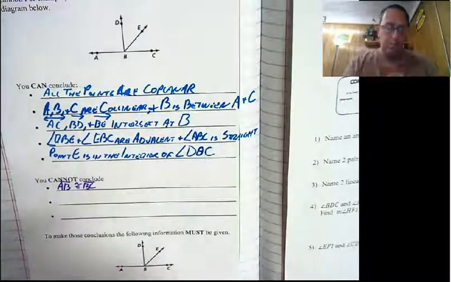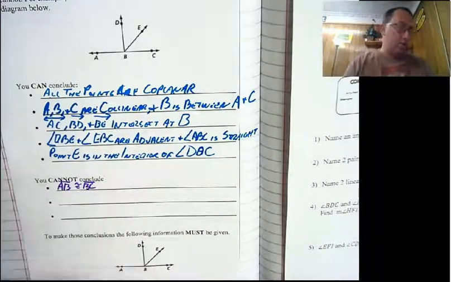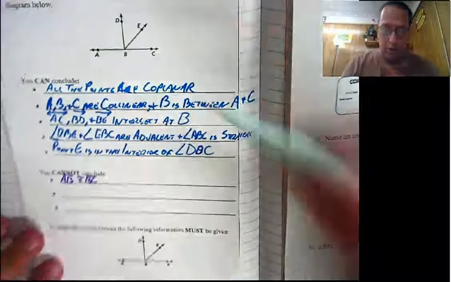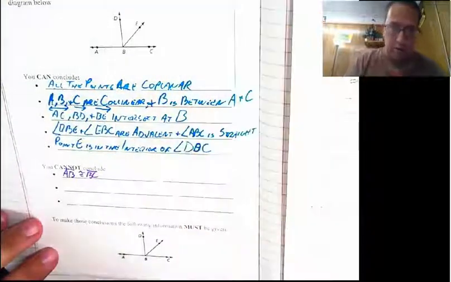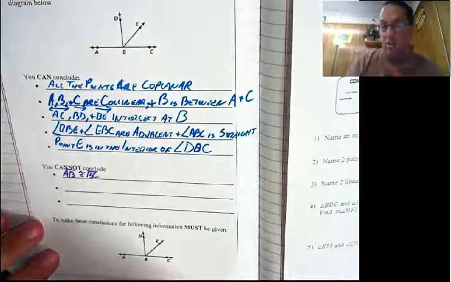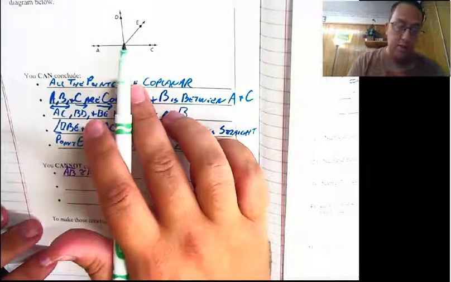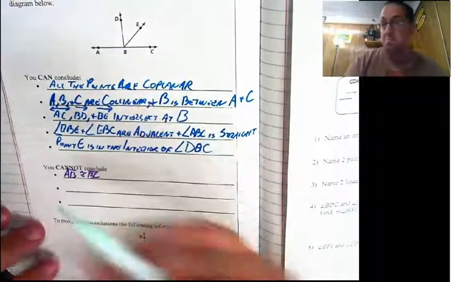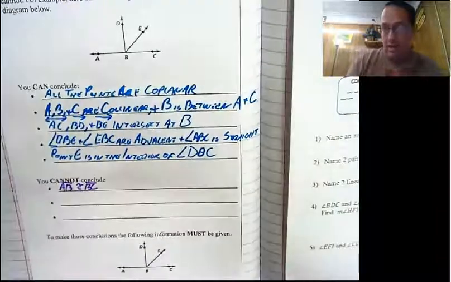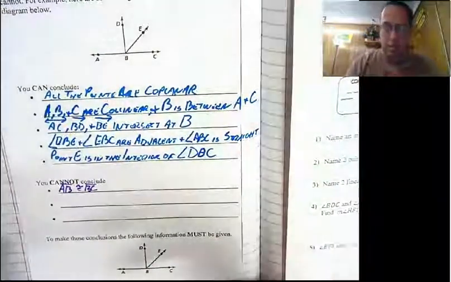We don't know. What else do we not know? Well, we don't know that these two angles are congruent. They kind of look congruent, but I don't know. This one could be 59 degrees and that one could be 58 degrees. I don't know. That's not something that I would be able to tell with the naked eye.